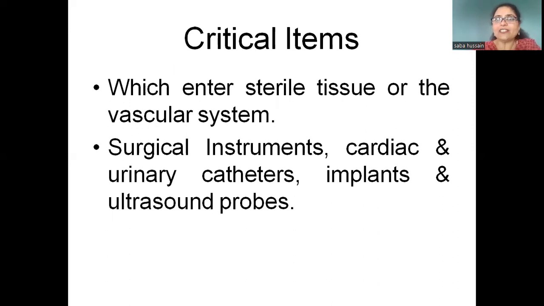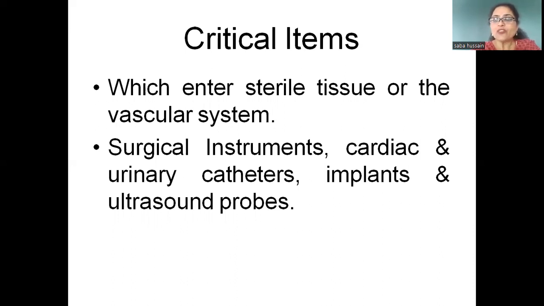These high level disinfectants are used on critical items. What are those critical items? Critical items are the ones which have to be used in surgery, or they are cardiac or urinary catheters, implants, and ultrasound probes, which we cannot sterilize by physical methods, though we need them to be totally sterilized.